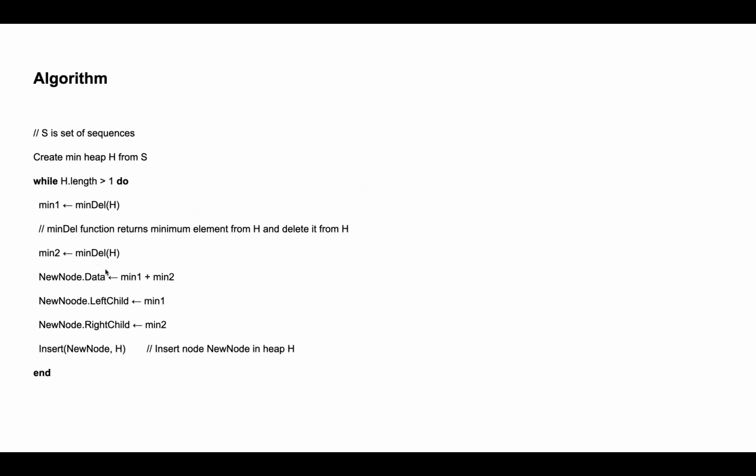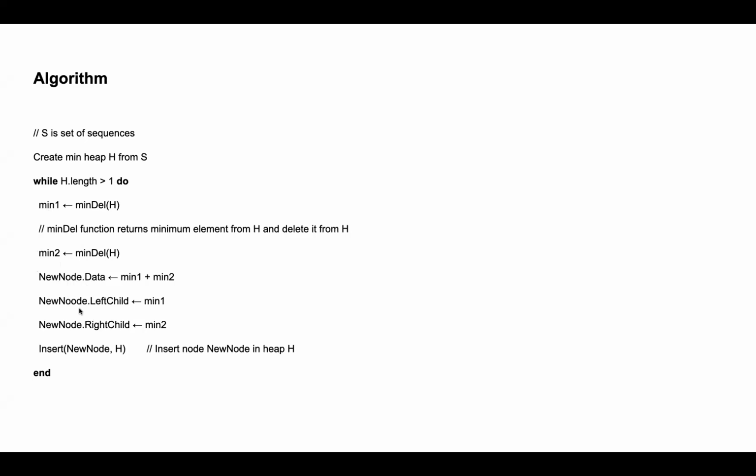Like that, it stores the addition of min 1 and min 2 in the new node. Min 1 is the smallest element from the heap, which is then deleted, and the next smallest element from the heap will be in min 2. Their addition is stored in new node dot data.